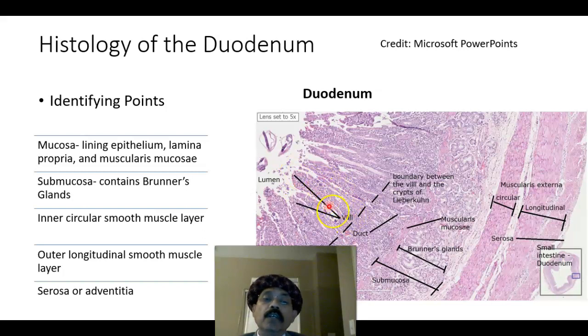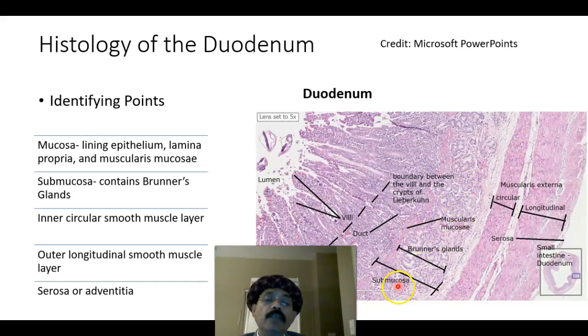Here we are seeing numerous villi. The mucosa is composed of the lining epithelium and the lamina propria, which enters into the villi, and this is the muscularis mucosa. After the muscularis mucosa, we have the submucosal layer.